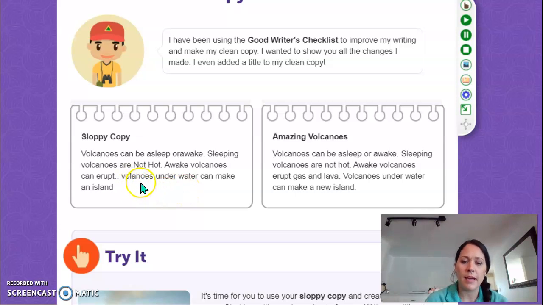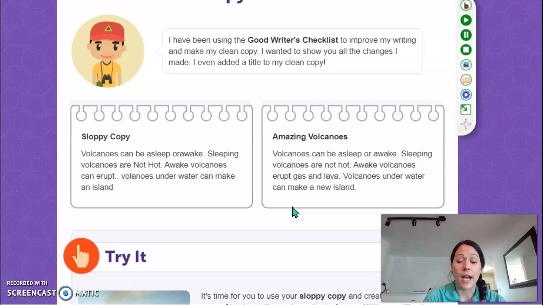Now we have random capital letters on not and hot, but those are not special names of places or people, so we would want to fix that. Awake volcanoes can erupt. Volcanoes underwater can make an island. So we've got some issues with our punctuation there. Two periods there, no period at the end. So we really want to check those sentences and then write our clean copy.